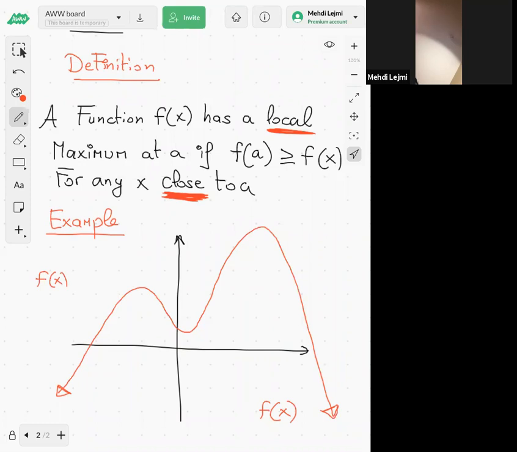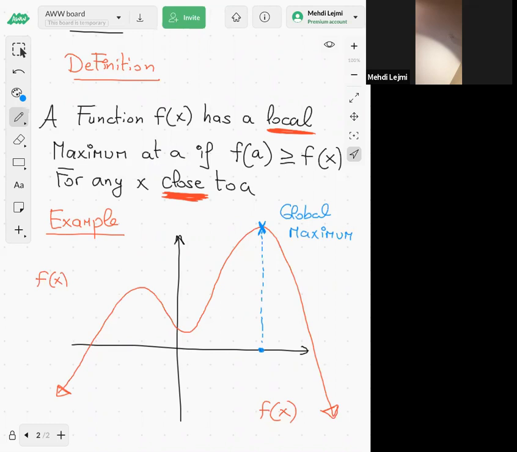Remember, a global maximum is the highest point of the graph. So in this graph, this point here would be a global maximum, because that's the highest point of the graph.